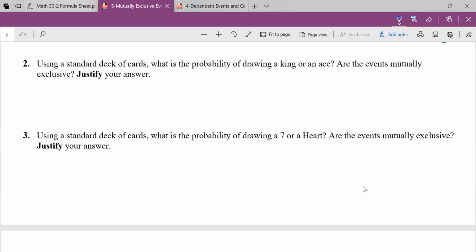Number 2: using a standard deck of cards, what is the probability of drawing a king or an ace? Are these events mutually exclusive? Yeah, they're mutually exclusive. I can't pull one card and get a king and an ace at the same time, right? So when I use my formula, the probability of getting a king or an ace is equal to the probability of king plus the probability of getting an ace.